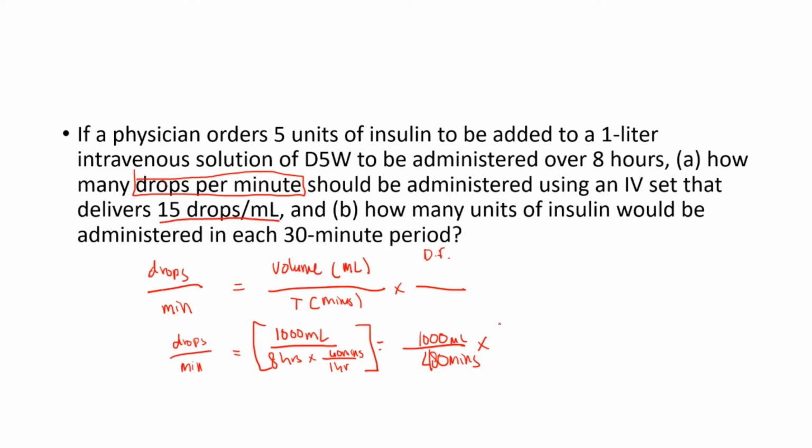Okay. Times the drop factor. The drop factor is 15 drops per ml. So magka-cancel po ang ml and you will have a drop rate of 1,000 divided by 480 times 15. So you have a drop rate of 31.25 drops per minute.